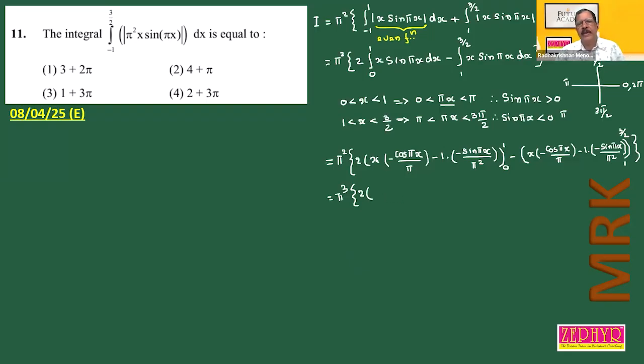So we are getting 1 into cos pi. Cos pi is minus 1. Okay. So you'll be getting 2 into 1 by pi. Because cos pi is minus 1.